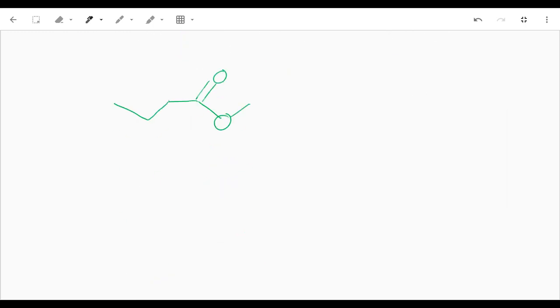Here we have an ester that we need to name. So the first thing we've got to do when we identify these is find our 2 oxygen side and our 1 oxygen side.